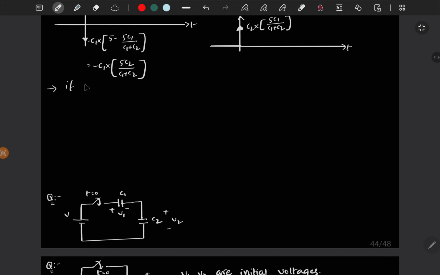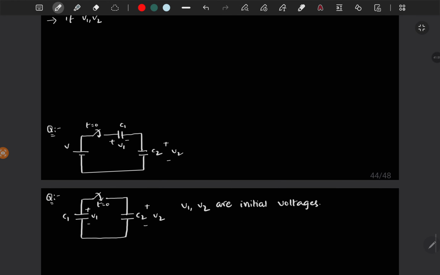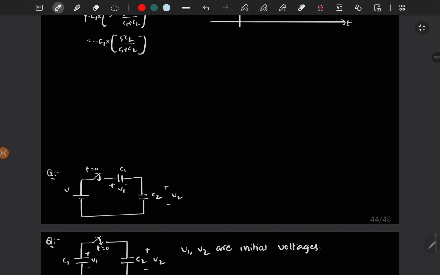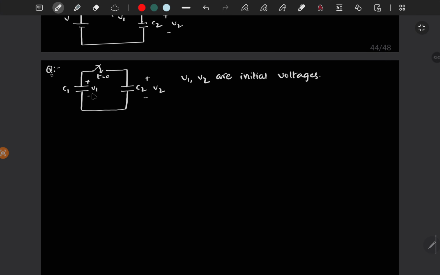So if V1 and V2 are the initial voltages across both the capacitors, then at t equal to 0 plus, you will represent both with initial voltages, right?